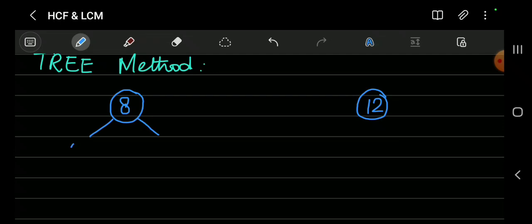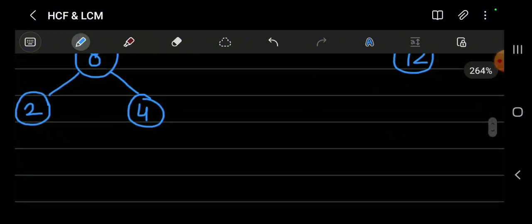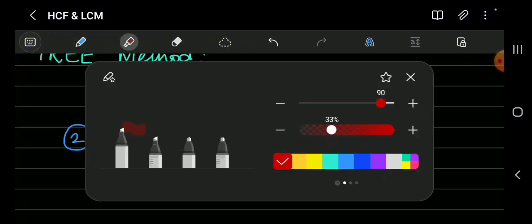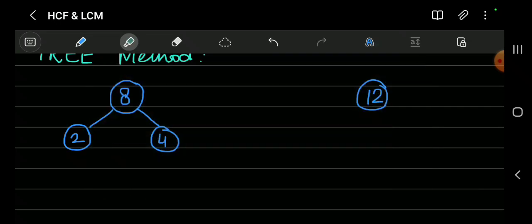Like 2 times 4 is 8, so we write these two factors. Two numbers that multiply to give you the original number are its factors. So we are writing the factors like this. 2 times 4 is 8. Now see, this 2 is a prime number, so this is your prime factor.